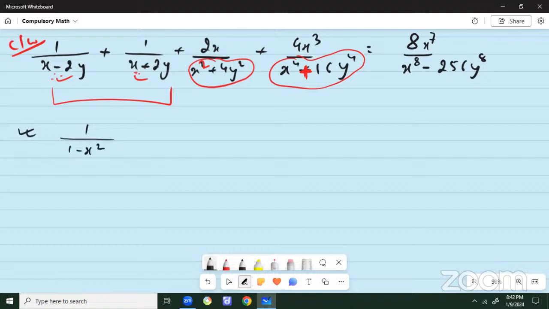1 over 1 minus x square, plus 1 over 1 plus x square, plus 2 over 1 plus x to the power 4, plus 4 over 1 plus x to the power 4, plus 8 over x to the power 8 minus 1. Can we try?